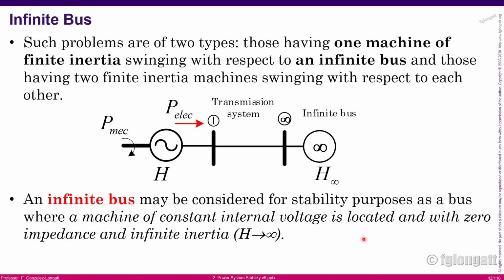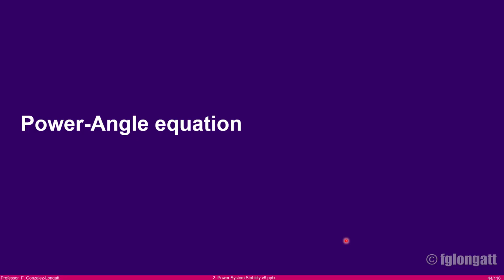Now I need to keep moving to explanations related to the equations that we will use for calculations of power system stability. Okay, power angle stability. One important concept, I think all of you must recognize, is a very famous equation that is called the power angle equation.